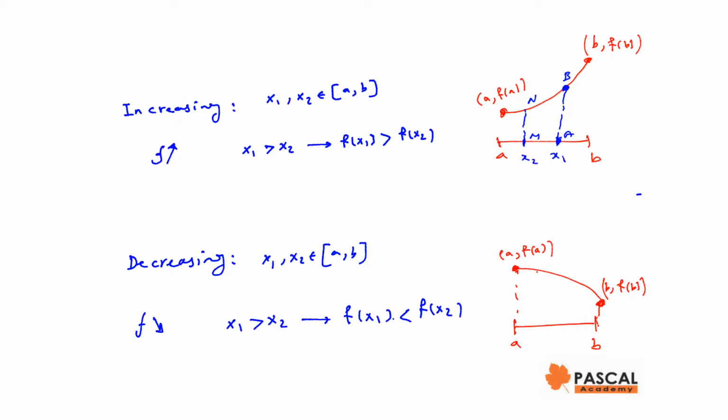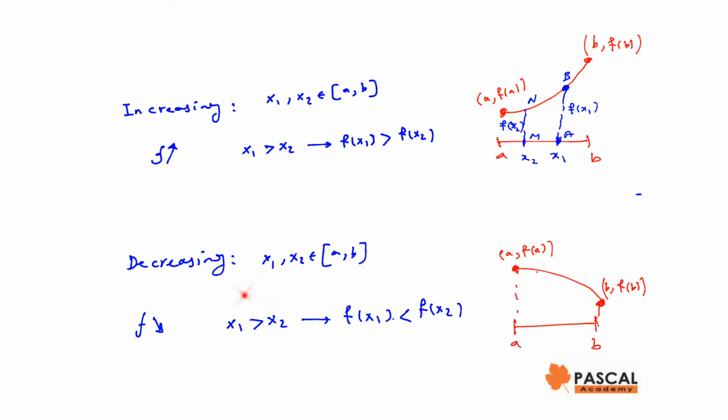In this diagram, the given function is increasing because when x1 is bigger than x2, the length of f of x1 is greater than the length of f of x2. This means when x moves from left to right on the given interval, f of x is moving upward.